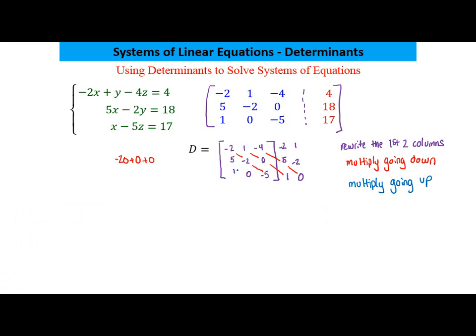So this time we have 1 times negative 2 times negative 4, which is 8. Then 0 times 0 times negative 2, 0. And then negative 5 times 5 times 1, negative 25.